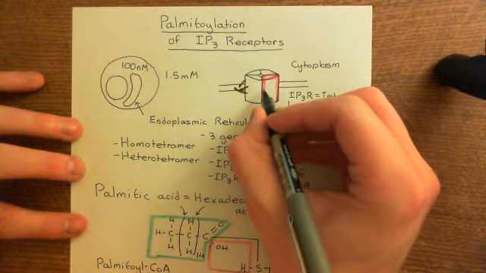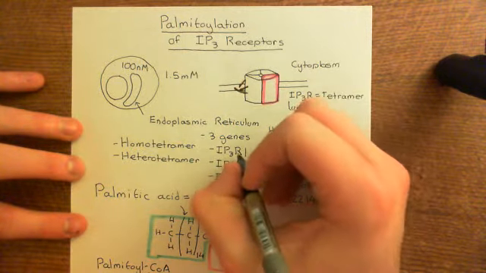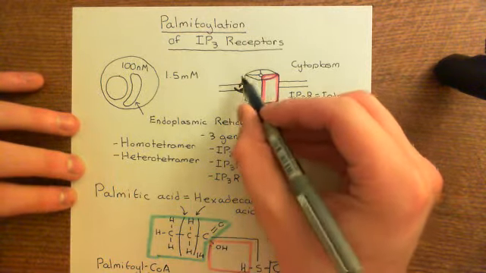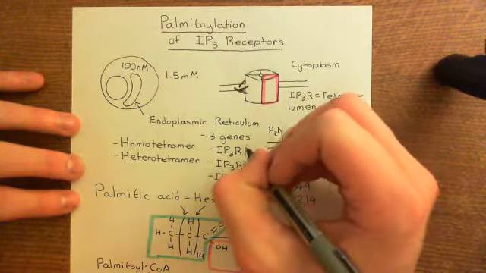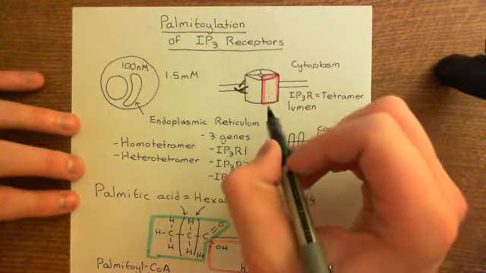Now if you stop palmitoylating the IP3 receptor type 1 subunit, then basically the levels of the IP3 receptor type 1 subunit in the ER membrane plummet down.